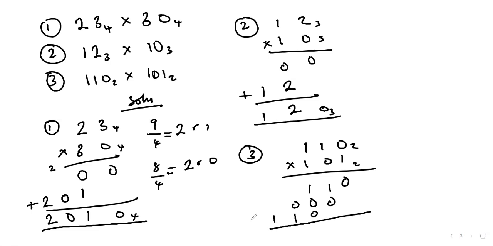So when you add that, 0 will come down, 1 will come down, 1 will come down, 1 will come down, 1 will come down. This 2. So that's how multiplication is done.